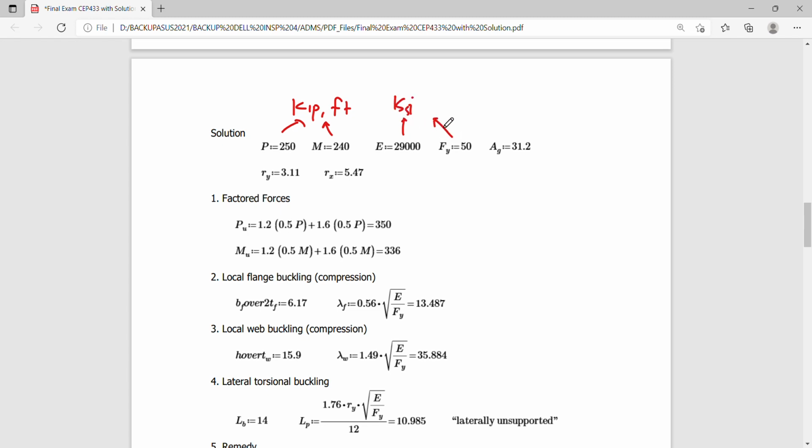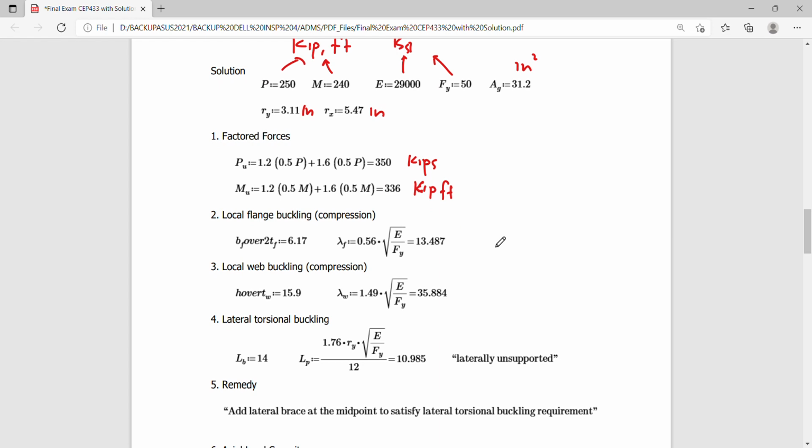Of course, this is in inch square, and these are in inch. So for the factored forces, we refer to equations 1 and 2 and just plug in the values P equals 250 and M equals 240. We get these values here in terms of kips and kip-feet.